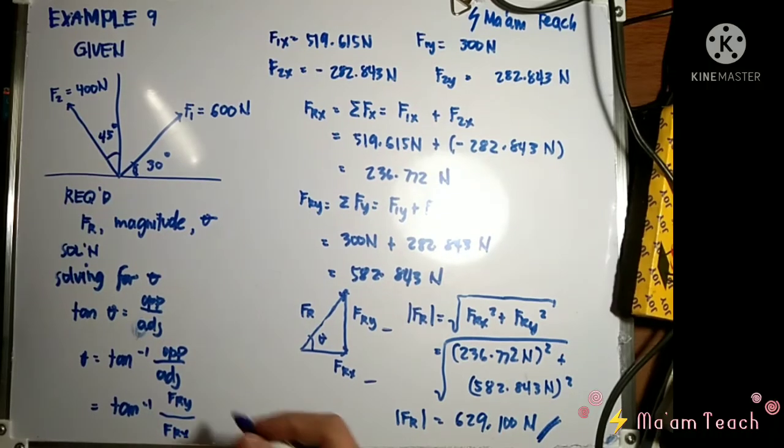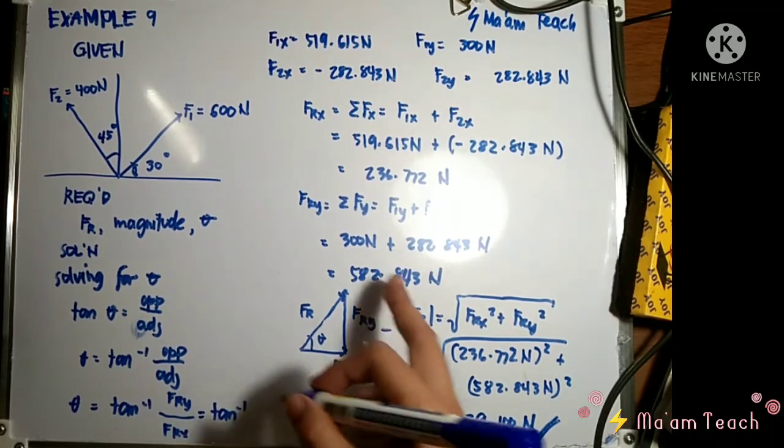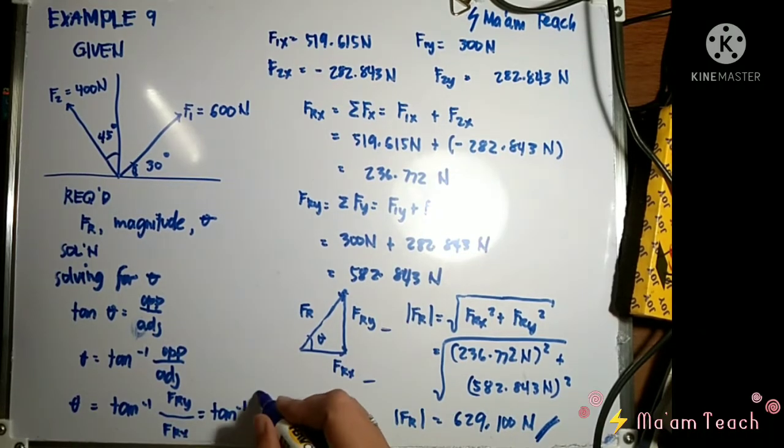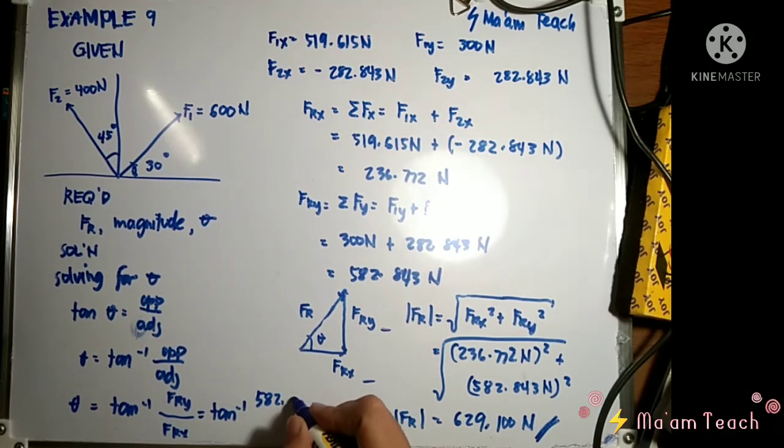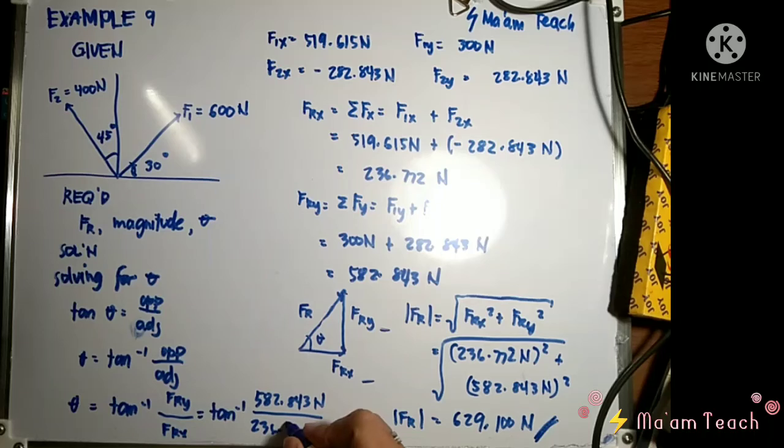Can you follow? So substituting, arctan of FRY, which is 582.843 Newton, divided by FRX, 236.772 Newton.